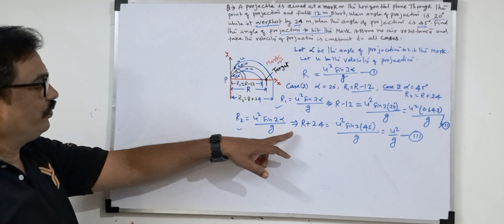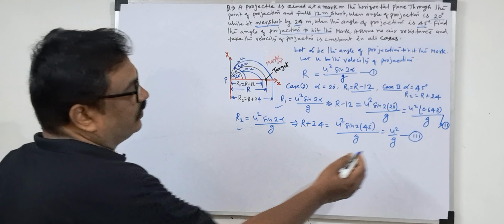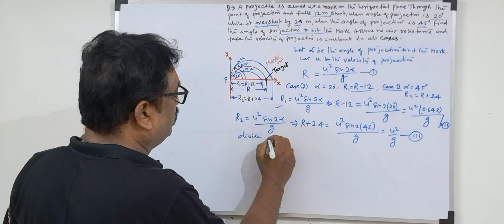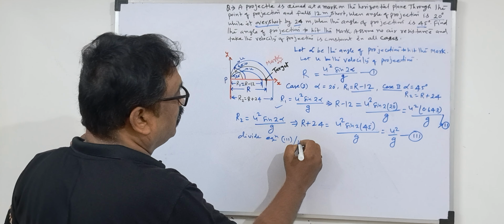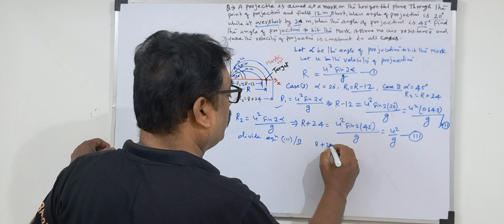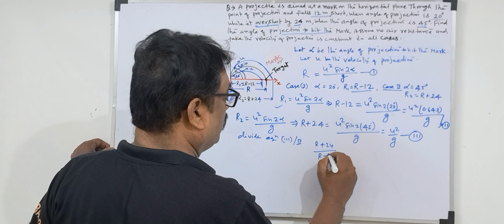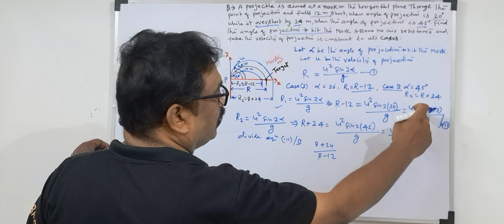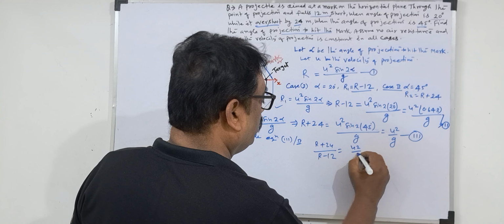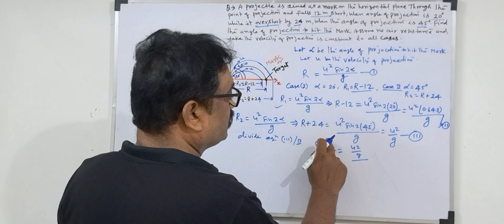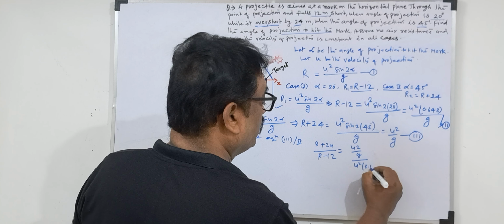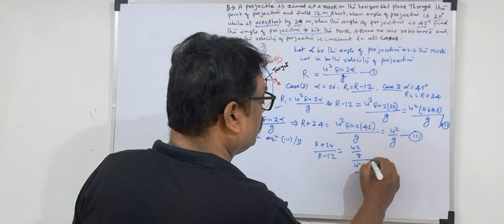Now we have to find R and u. So what we'll do is divide equation 3 by equation 2.